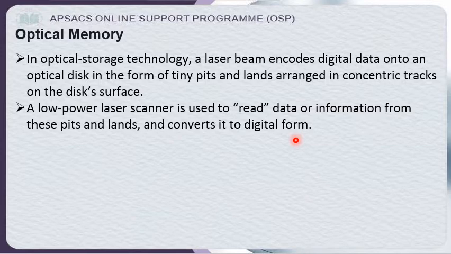If you open your CD-ROM or DVD-ROM and look inside, there is a laser light on the head of the CD-ROM that is used to read and write the digital information. And which type of information is it going to read? It is going to read these pits and lands.